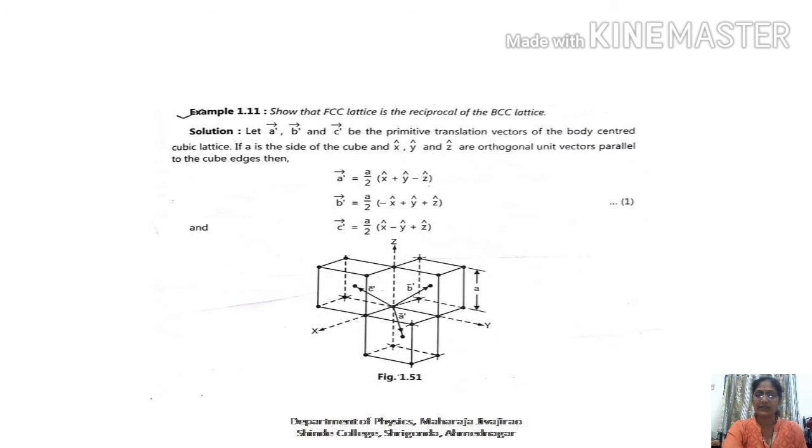So this basic information you have to write at the initial stage in order to explain that the reciprocal of BCC lattice is FCC lattice. Now we know that volume of primitive unit cell is given by V equal to A dot B cross C. Just now we have calculated the values of A dash, B dash and C dash. Here V is equal to A dash dot B dash cross C dash.